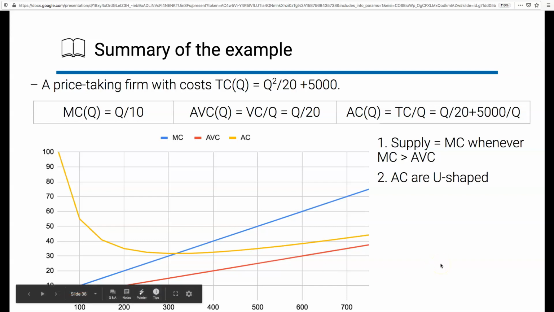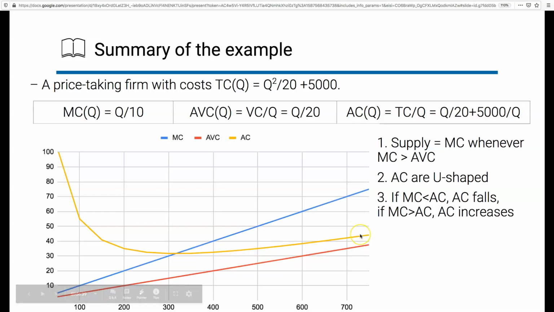That's the second observation. Third observation, if the marginal cost is below average cost, so if the blue line is below the yellow line, that means that the yellow line has to be decreasing. It has to have a negative slope. If the blue line is above the yellow line, then the yellow line has to have a positive slope. Marginal cost is the cost of an additional unit.